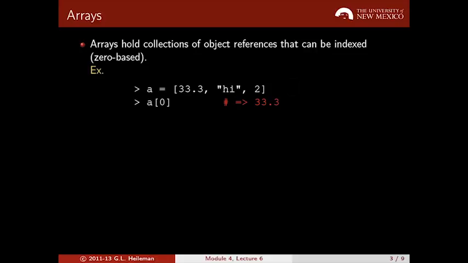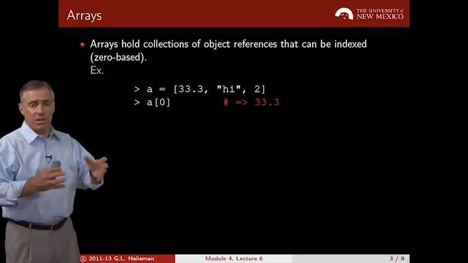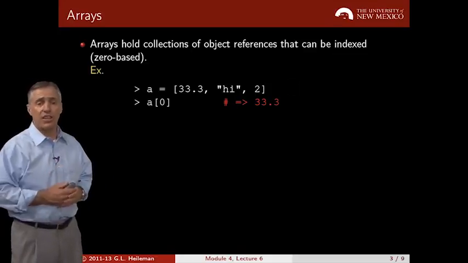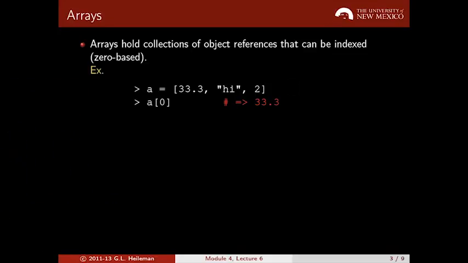And notice in this case, this is a non-homogeneous array. I've got a decimal value there, I've got a string, as well as an integer value. And I show you there that if I index into the first location, a[0], that gives me 33.3, which is the first thing in the array that I defined above.